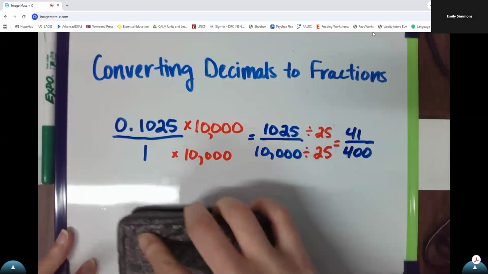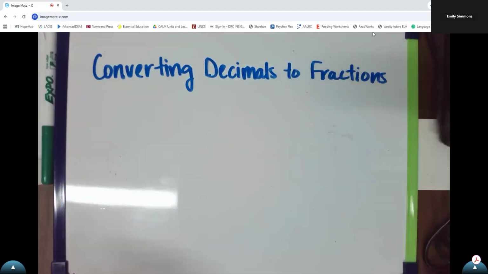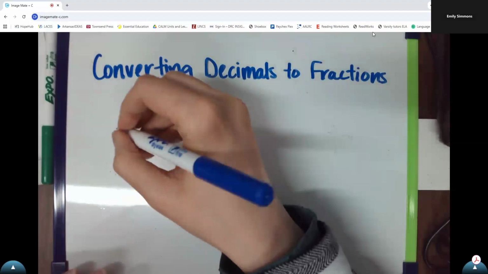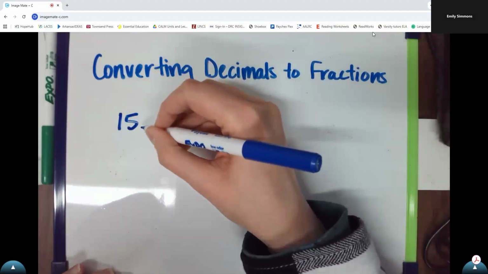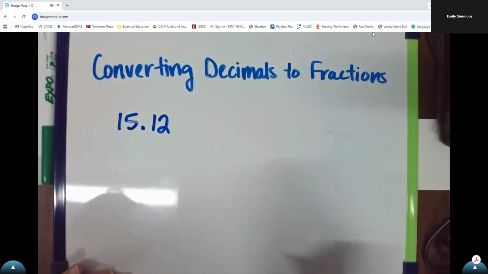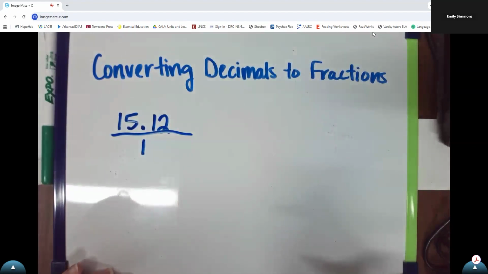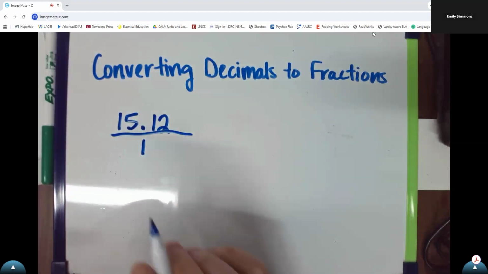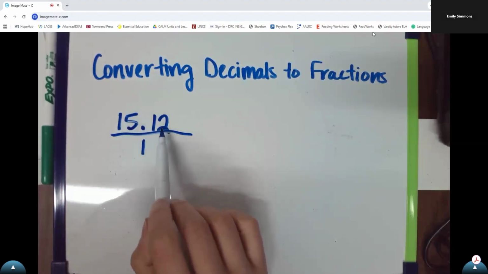We'll do one more of these. I could have a mixed number that needs to be turned into a fraction. So what if I had 15.12? Still going to put it over 1. And when I multiply, I'm going to multiply by my place value for my decimal.